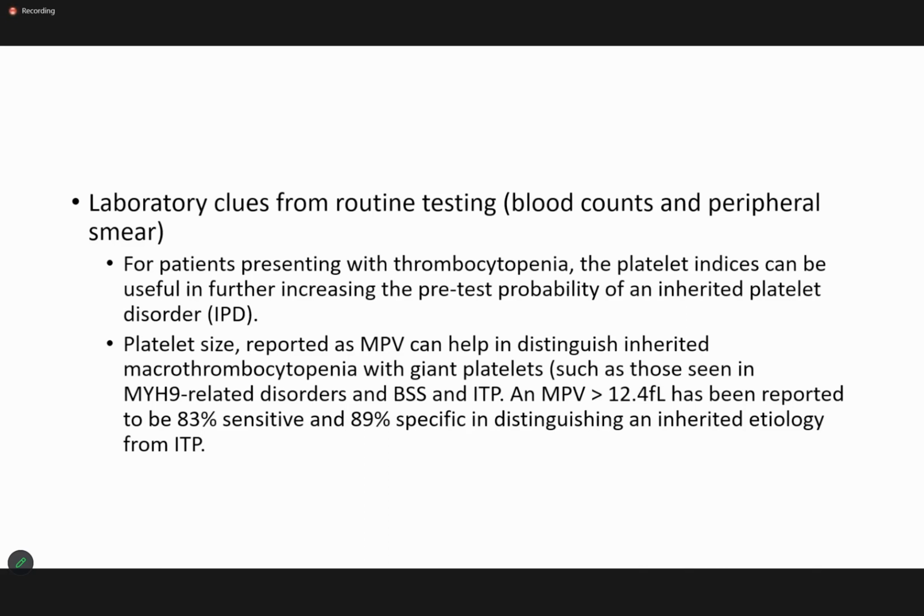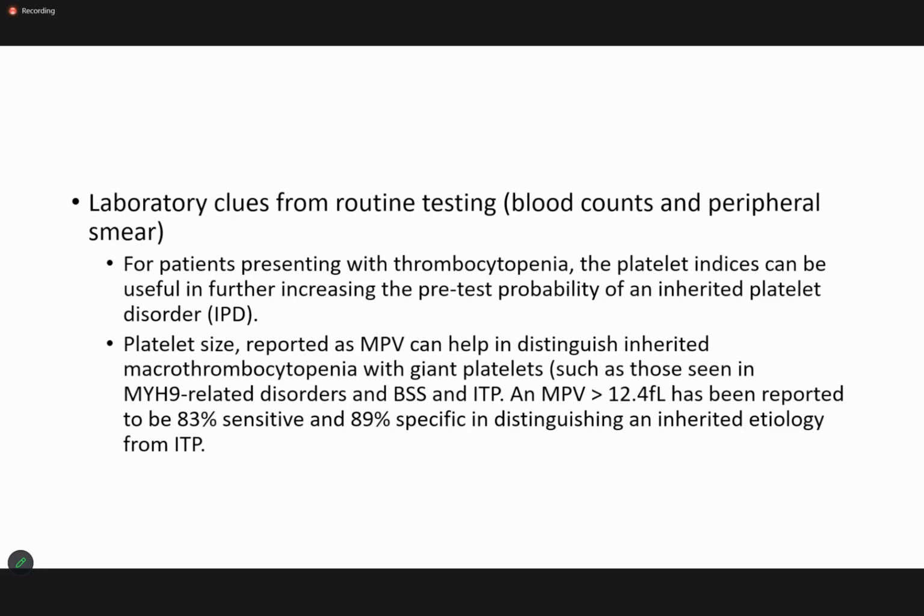They said that if MPV is more than 12.4 femtoliter, the sensitivity and specificity is around 83% to 89%, which can distinguish an inherited etiology from ITP.